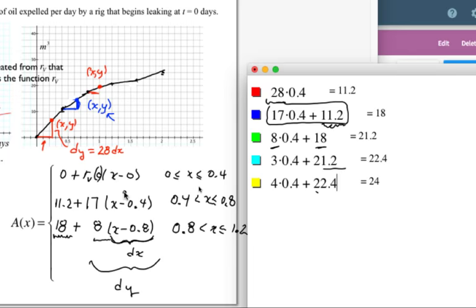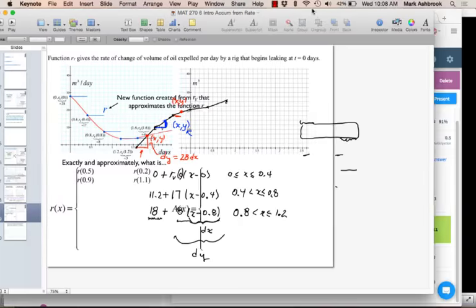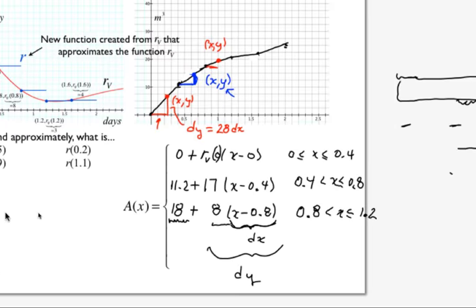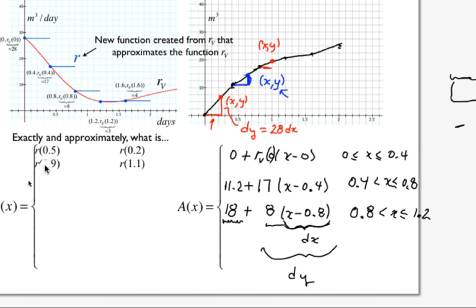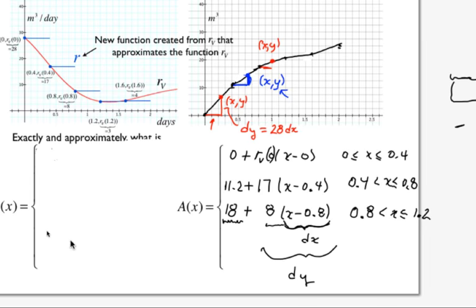But actually, let's take that a step further. Let's recreate that rate function that we had, and we're going to use that instead. This is r of x. Okay, so that was r of x, and what do we say?